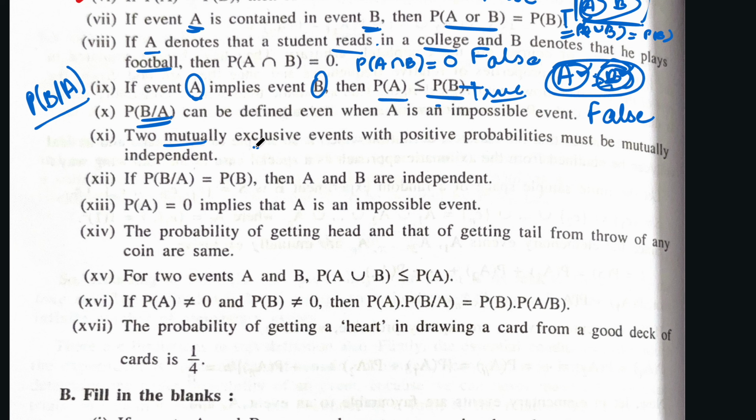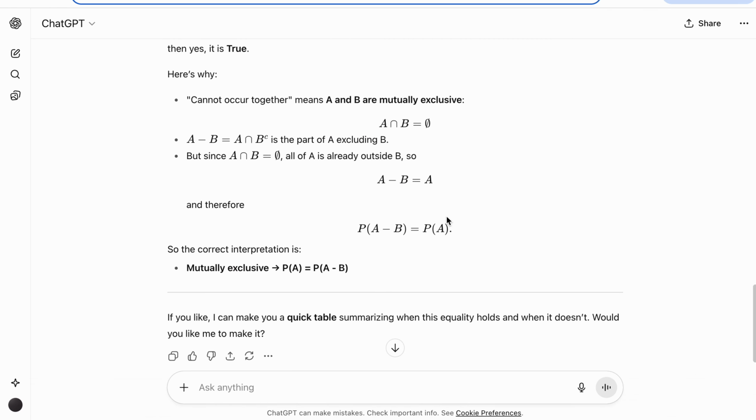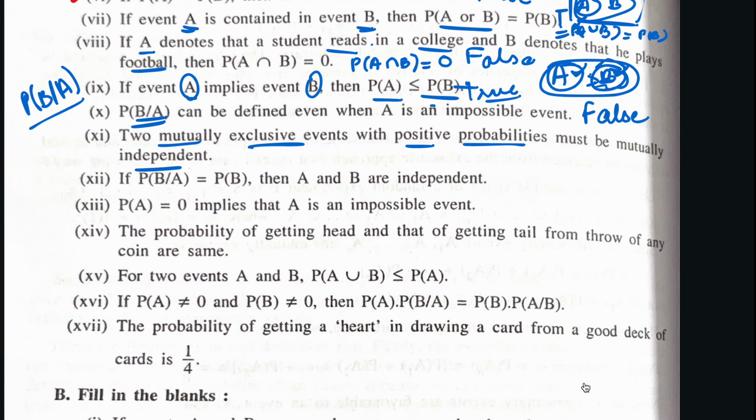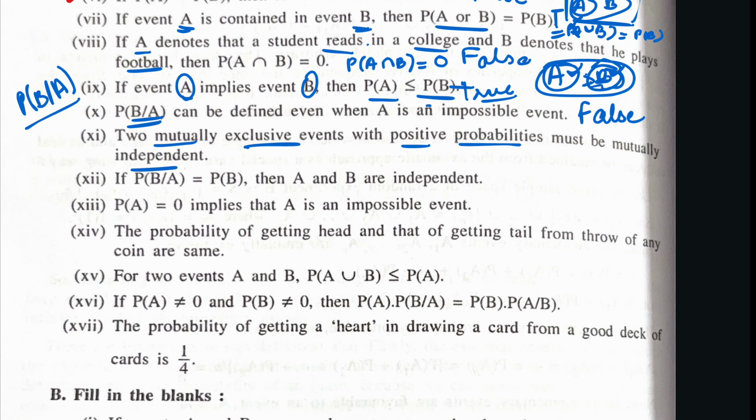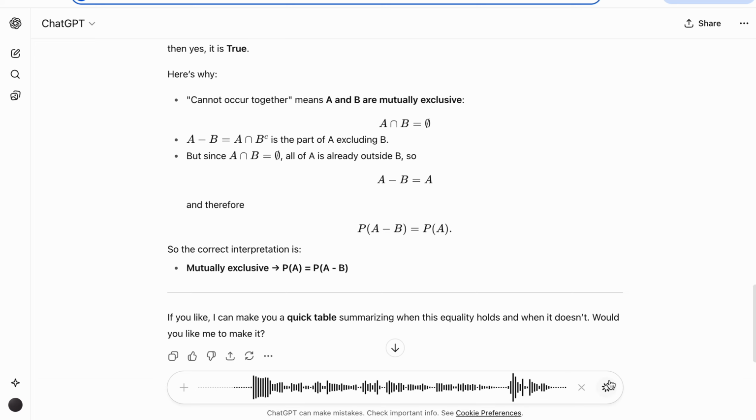Two mutually exclusive events with positive probabilities must be mutually independent. I have no idea. True or false?